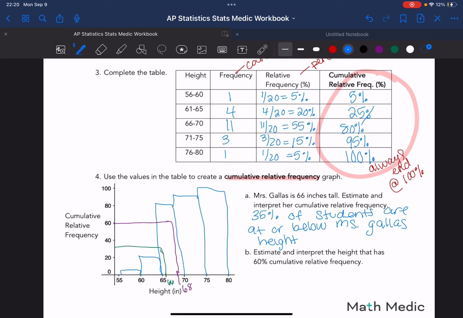So then we would say, approximately 68 inches, 60% of student heights.